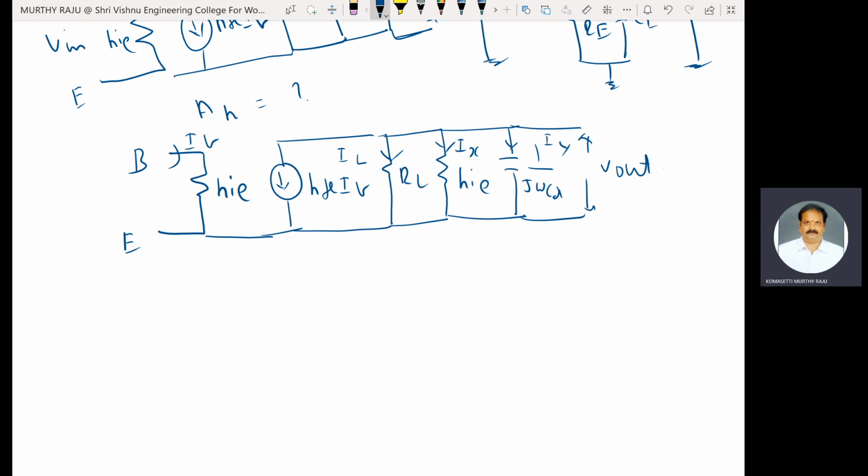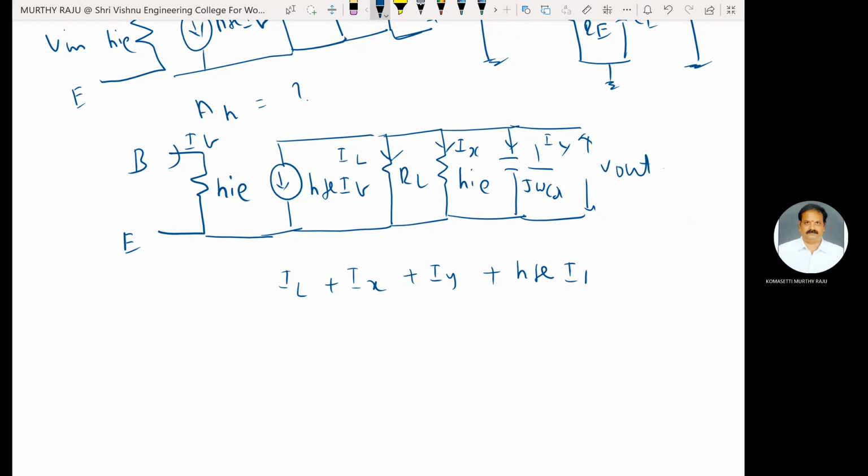The algebraic sum of the currents is equal to 0. Means IL plus IX plus IY plus HFE IB is equal to 0. IL is equal to V out by RL, where V out is the voltage across this one, which is V in.